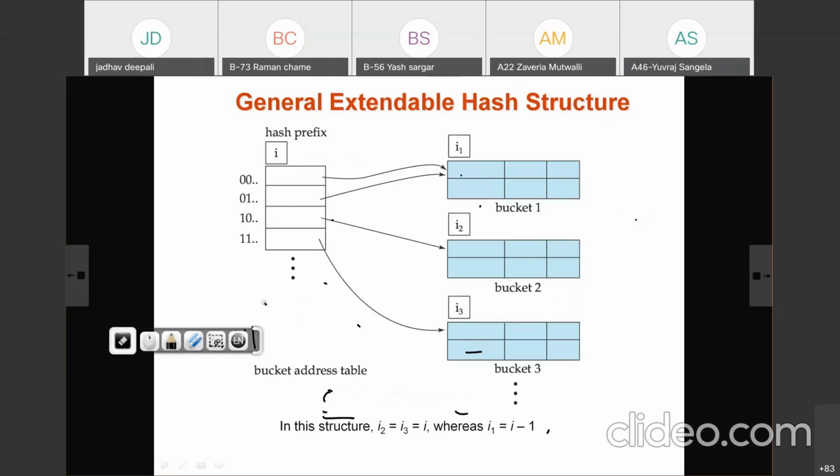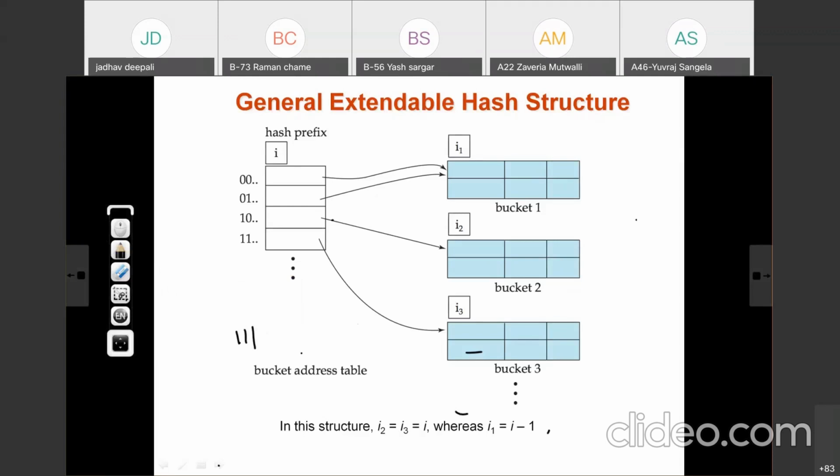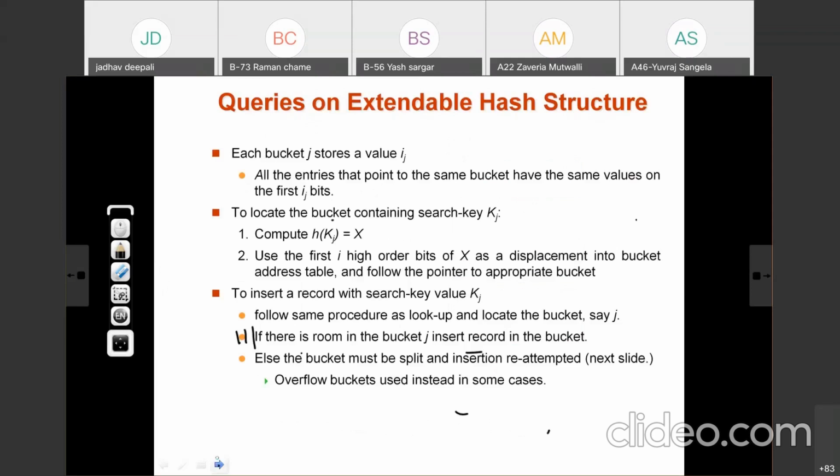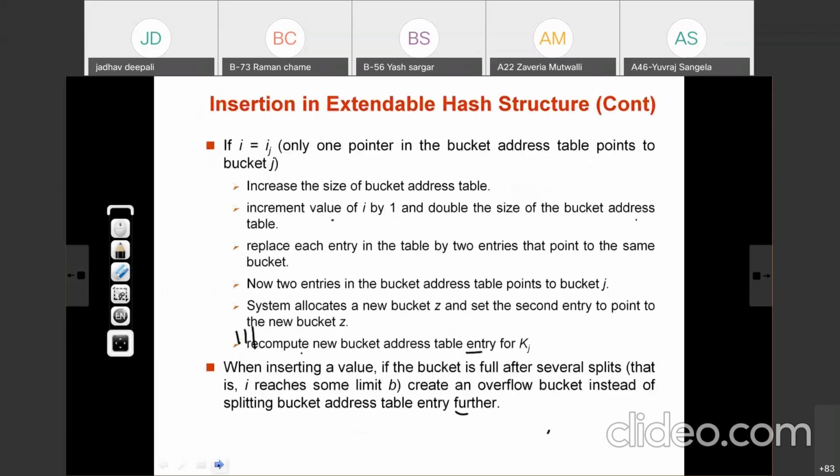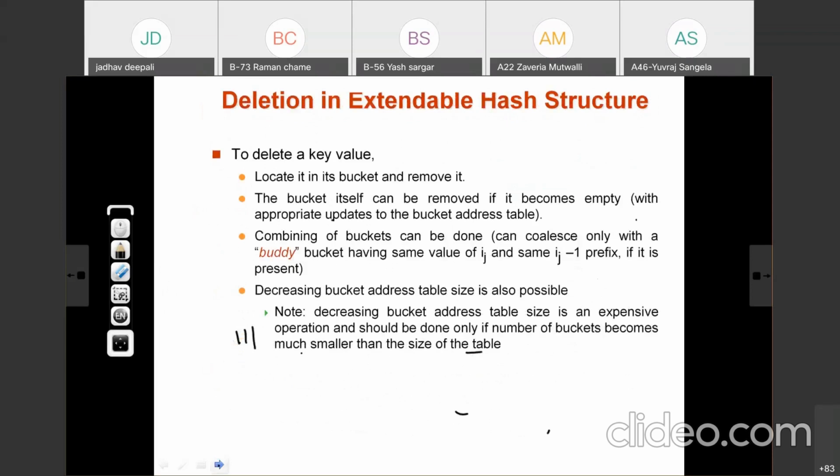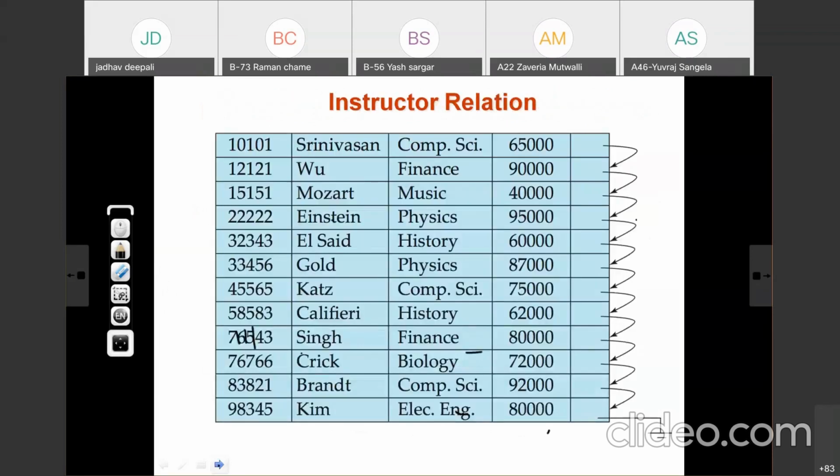Deletion. Now see one example, where we are going to see one by one how the values are inserted into the buckets. Okay, insertion we have seen, deletion. Now this example we are going to see here, where these values are there.